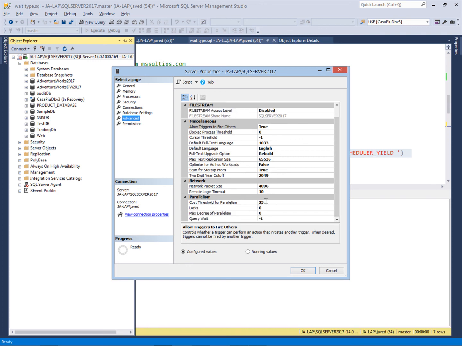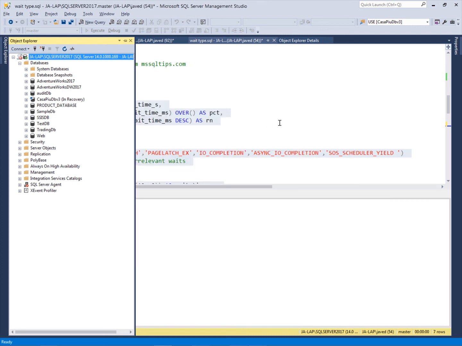Here we can increase the cost threshold, so that instead of 25 it will be 30. The optimizer will now check if the cost of the other operator is greater than 30, and only then will it consider parallel processing. So we have to change this number very carefully, because it will affect the performance of the system.